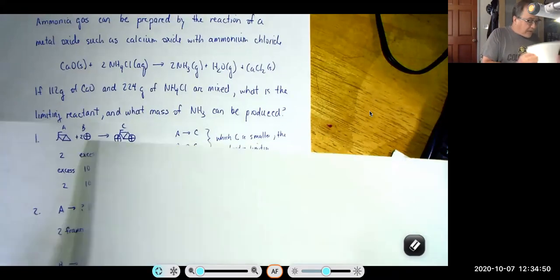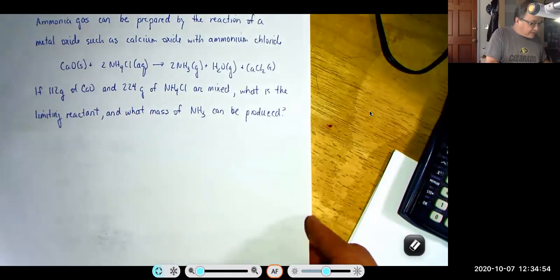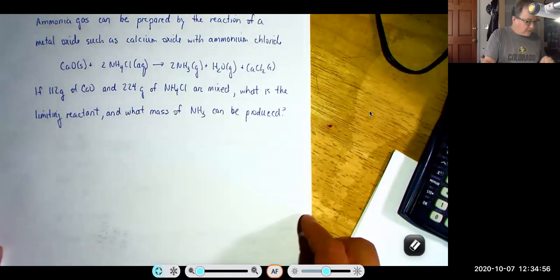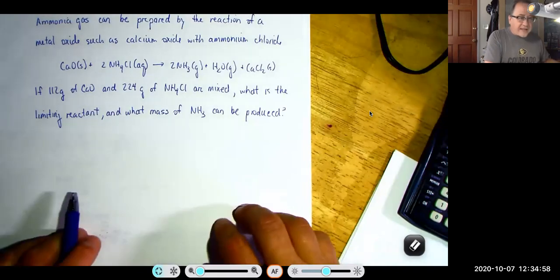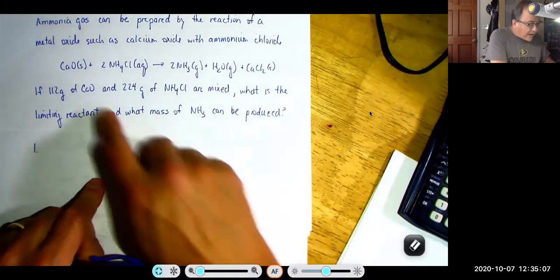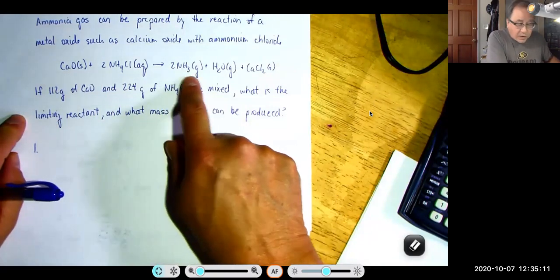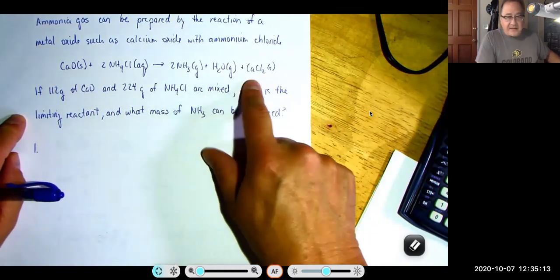So let's apply both methods to here and see if we come to the same conclusion. So let's try that first method where we figure out how much we're going to make. Now, when we figure out how much we're going to make, do we want to figure out how much ammonia, H2O, or calcium chloride we're going to make?